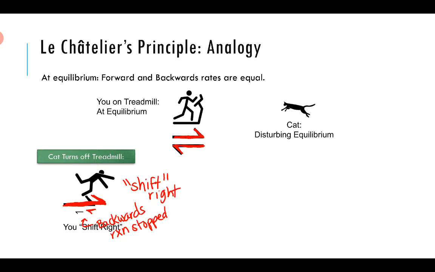Another option is that the cat turns up the speed. Now, if the cat turns up the speed, then here is how fast we've been running on that treadmill. But now the cat turns up the speed of the backwards reaction. And so what direction do we go?